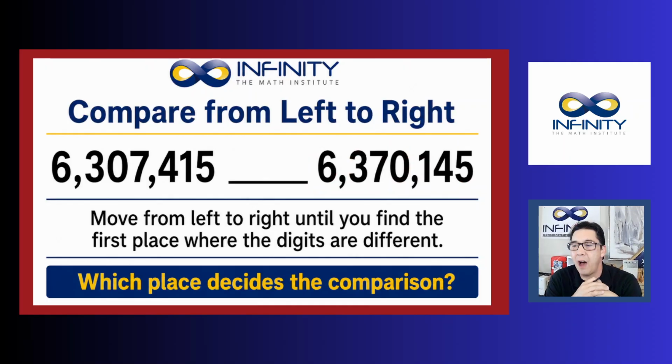Now, how do we decide which number is greater than or less than? We're going to start on the left because those numbers hold the highest value. 6 million and 6 million are the same. 300,000 and 300,000 are the same. 0 in the 10,000s place is less than 7 in the 10,000s place.